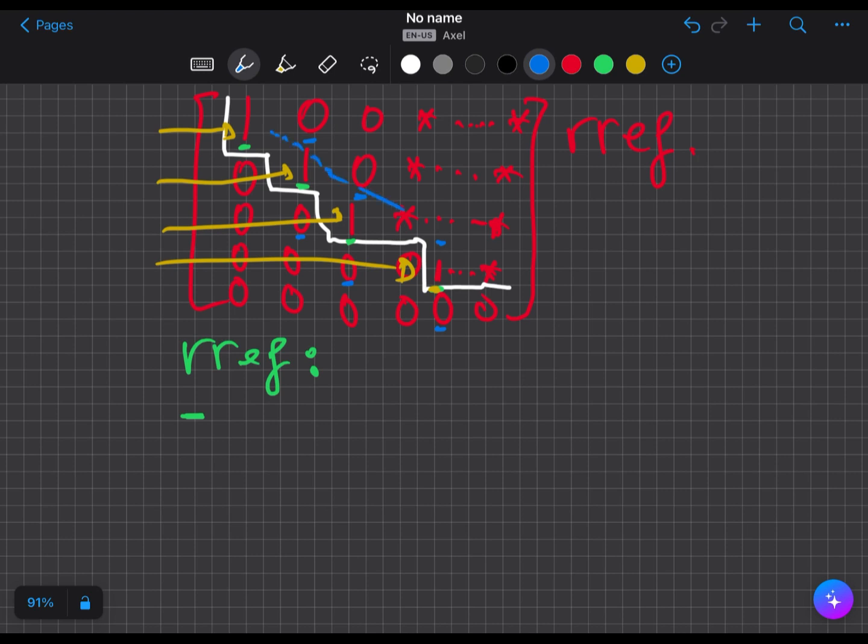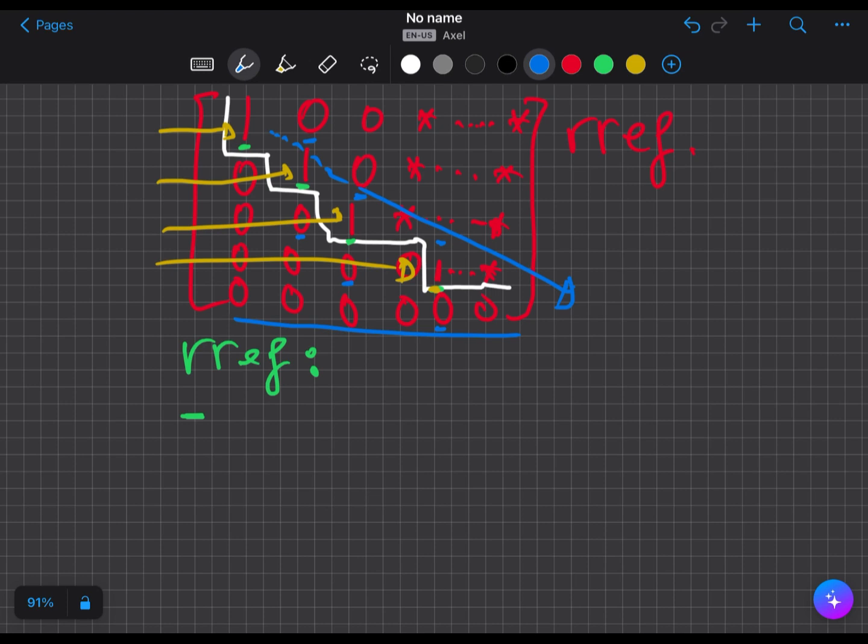And then lastly, any all zero rows are at the bottom. So these four properties need to be preserved for a matrix to be recognized as a reduced row echelon form.